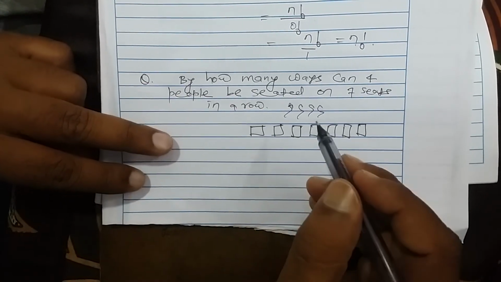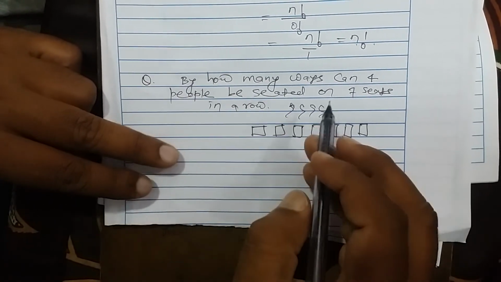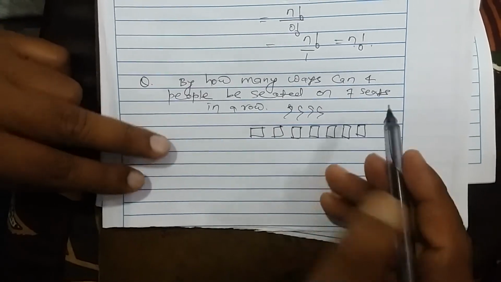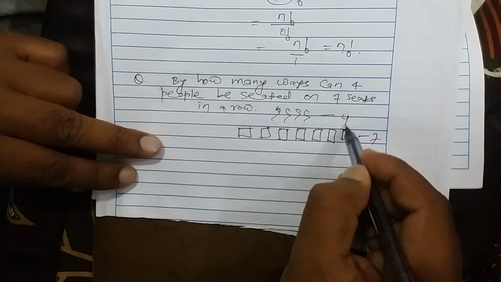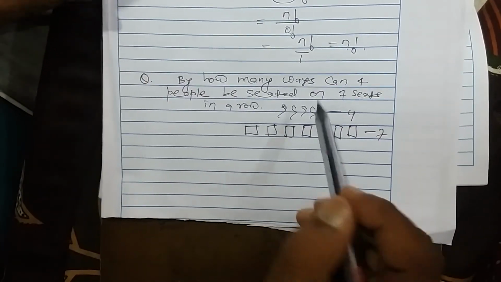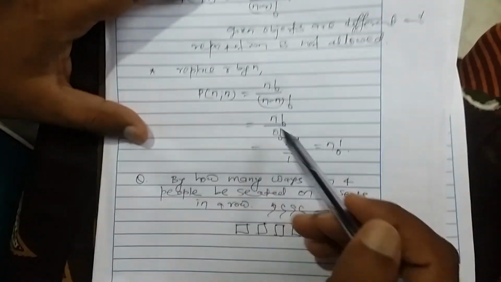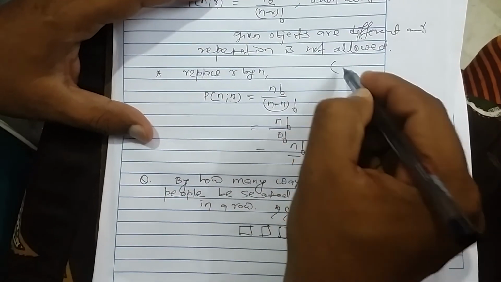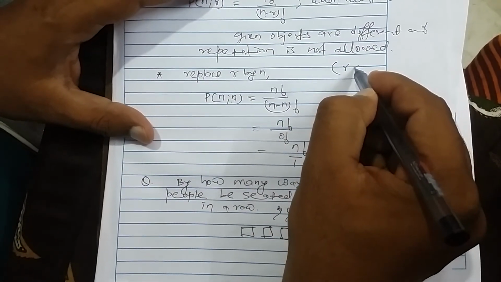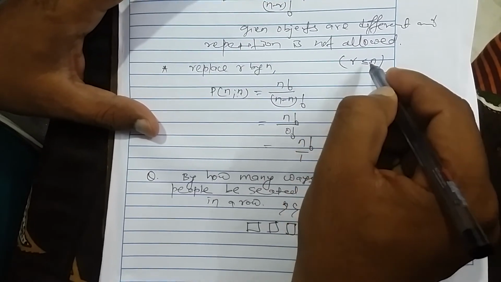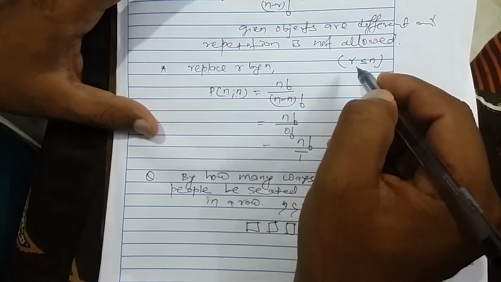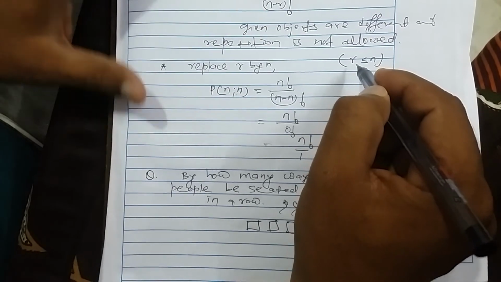Now you can say, which one is n? The number of seats is 7 and the number of people is 4. You know that r cannot be greater than n in this formula. It means r is less than or equal to n.